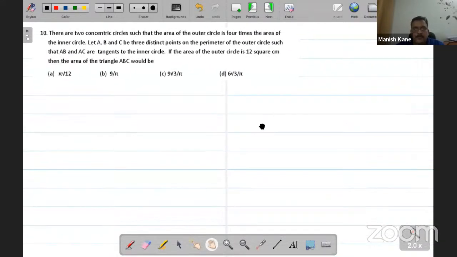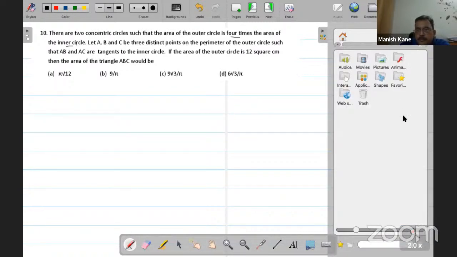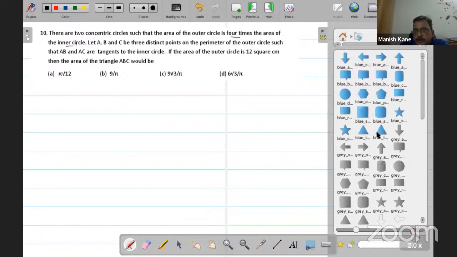There are two concentric circles such that area of the outer circle is 4 times the area of the inner circle. So let's have two concentric circles.